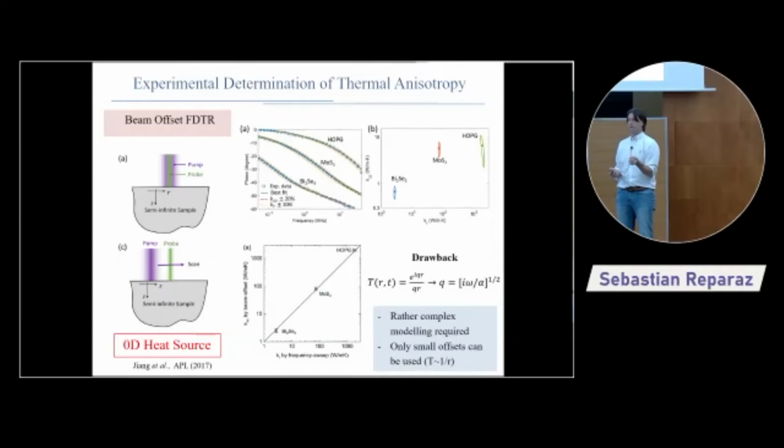How much can you actually focus? Well, this is limited by light diffraction, a couple of microns, 1 micron, 2 microns, or even half a micron, something like this. And what would be the maximum offsets that you can get? 5, 6 microns is not much. So all the results that you obtain here will probably be poisoned, sorry for the word, by the geometry of your heat source. So this actually does not seem to be, at least in my opinion, the smartest approach.